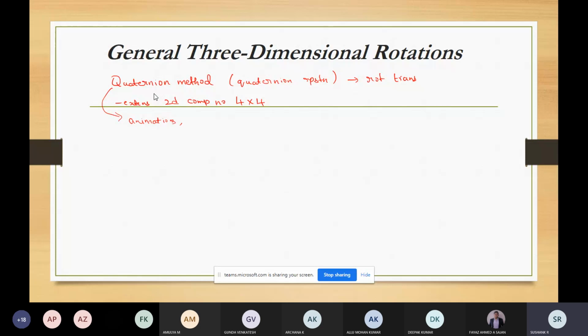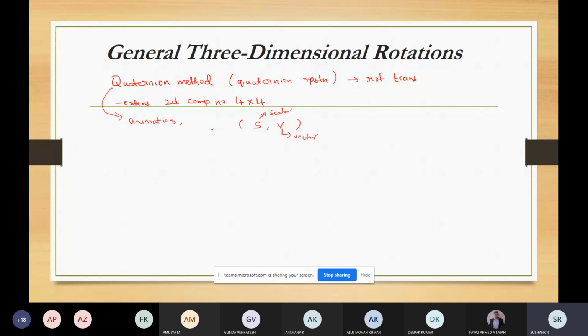So what is this quaternion representation? A quaternion is an ordered pair consisting of a scalar and a vector, where S represents the scalar part and V represents the vector part.